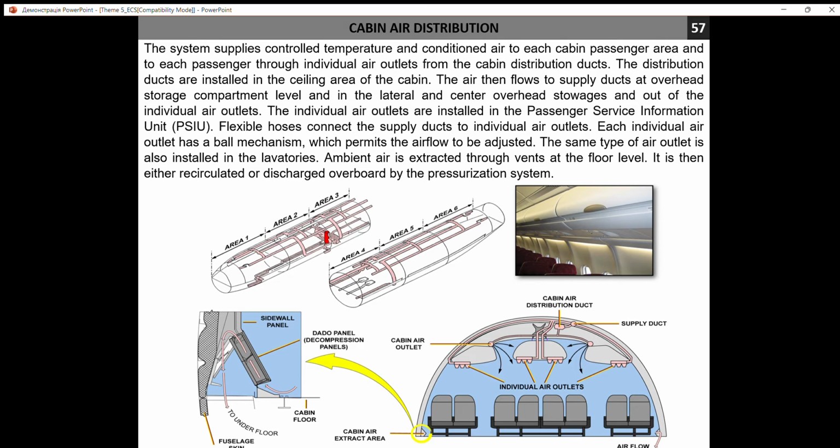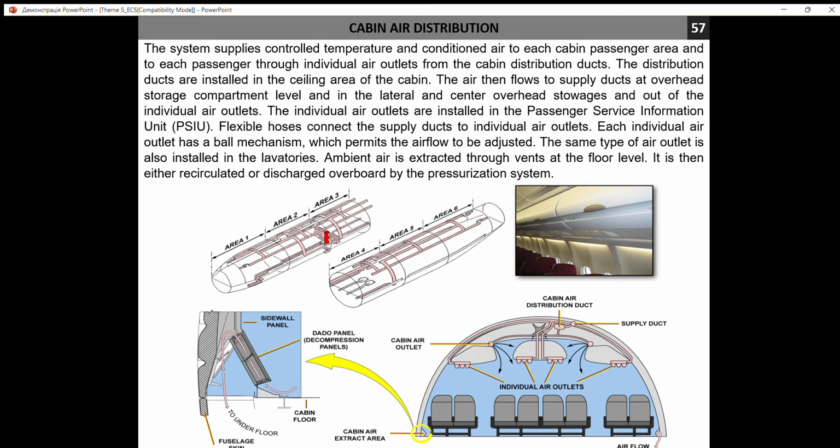But in case of decompression of the cabin, there may be a situation when the difference of pressure between the underfloor and overfloor compartments may be significant due to the rapid decompression.